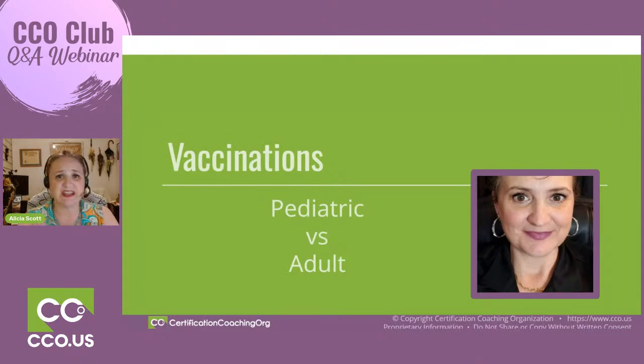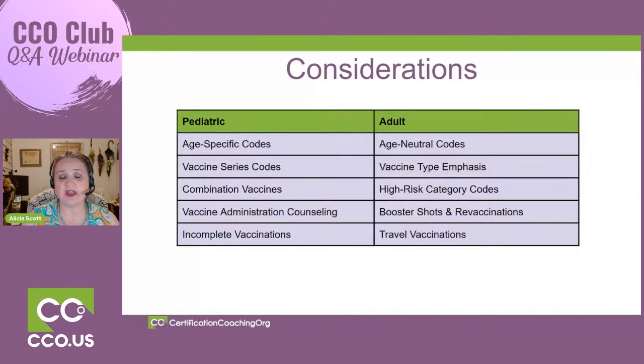Now, there is a lot of changes that happen with vaccination coding. We could do lectures on this a couple times a year probably, but we're going to look at it from a broad perspective. I'm going to give you some information on things that you need to know before you go and code for vaccinations. Let's talk about the considerations first.